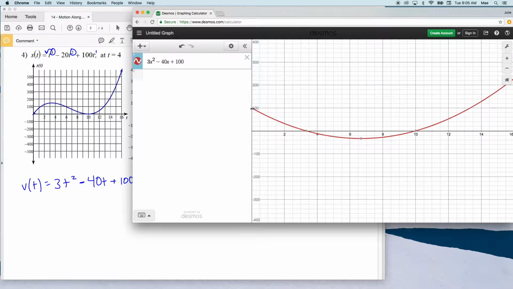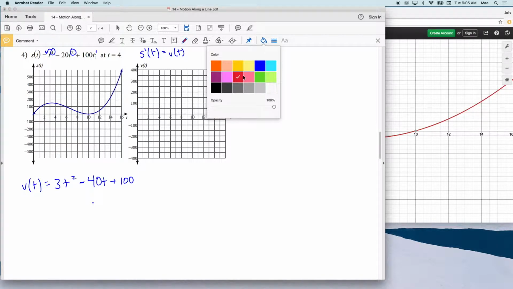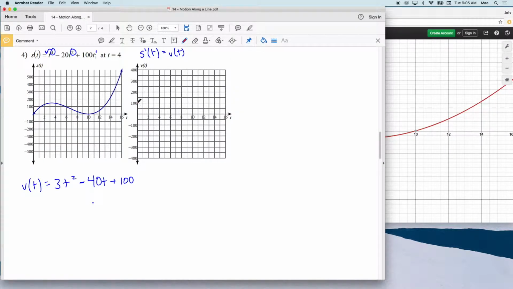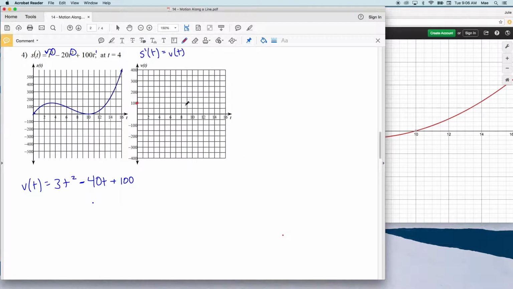So our y-intercept, when t is 0, v of t is 100. So I'll go ahead and start by plotting that point. Then at t equals 3 1/3, or 3.333, we're at 0. So at 3 1/3, we're at 0 for the velocity function.